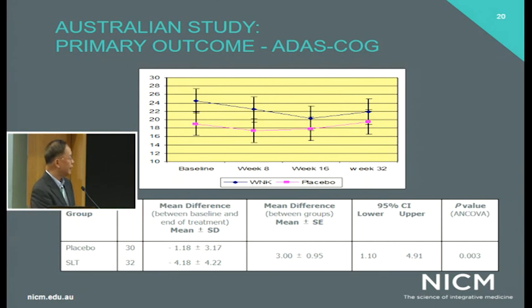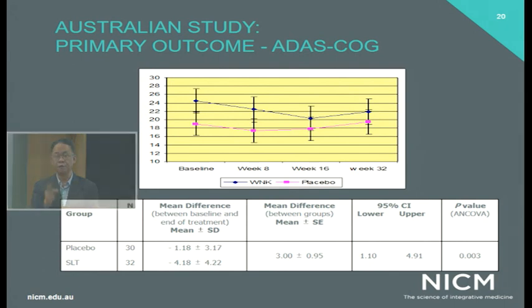The net gain in the VDES score is about 3 units improvement. So far, for all the pharmaceutical medicines, the best they can do is about 2.7, 2.8 units improvement. Even 4 months of SLT treatment has already achieved 3 units improvement.